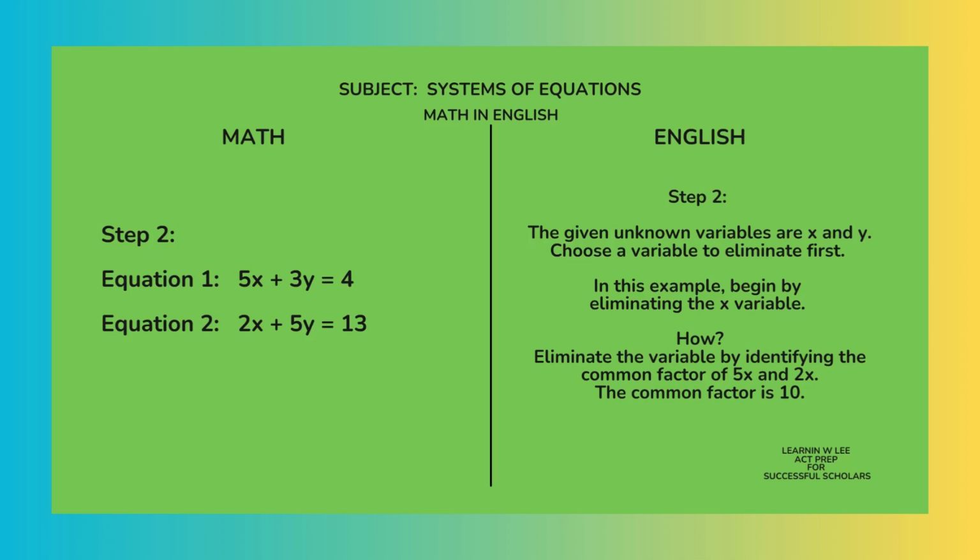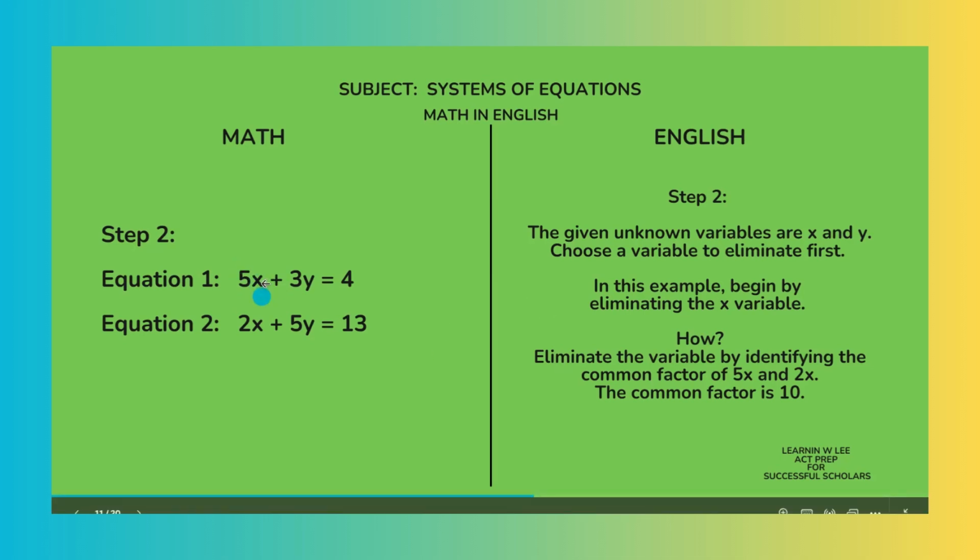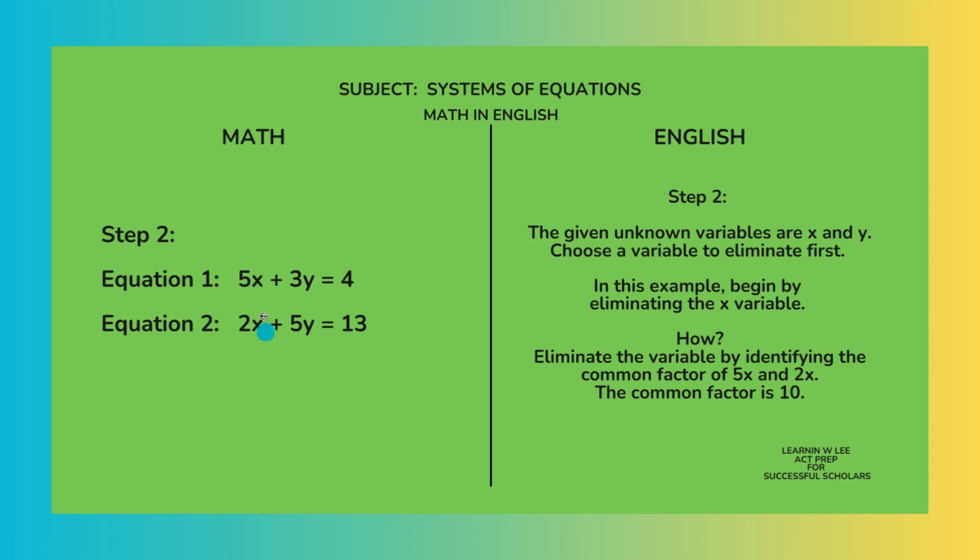We chose the variable first, the x variable, and we're going to look in our given information for where there's a 5x and a 2x, or where there's the variable x altogether. Those are the two terms that have the x variable.